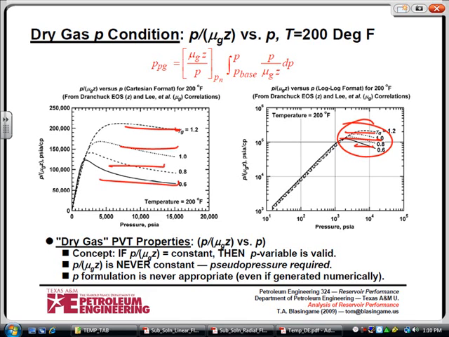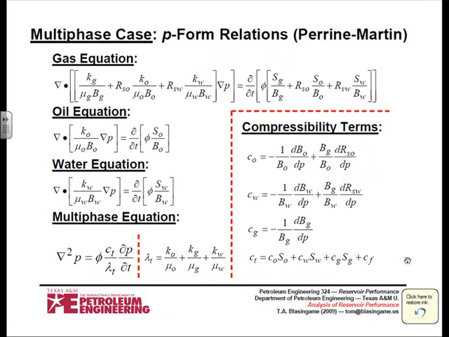But you have to go the entire distance. You can't just go in a piece in the depletion. Whatever assumption you have has to be valid for the entire depletion, all pressures. So if you suddenly go from something that's constant to something that's a slope of 1, that ain't going to fly. So the pressure equation, class, is never valid. Forget it.